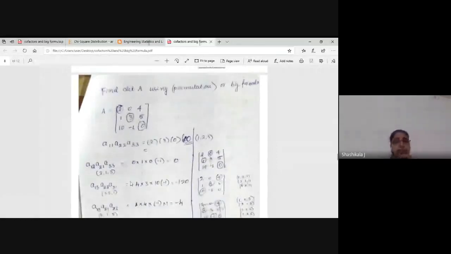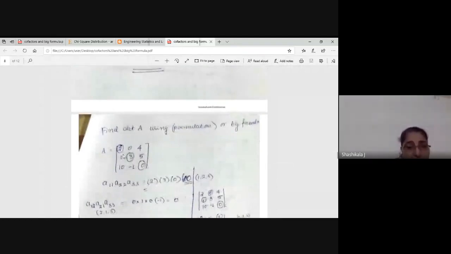Now if I take this, what is the first possibility? This row and this one: 2 into 0, anyhow it is 0. Into determinant P it is +1 or -1, it doesn't matter, because anyhow it is 0.